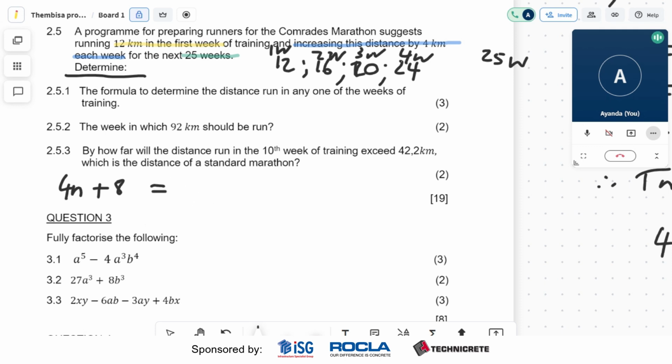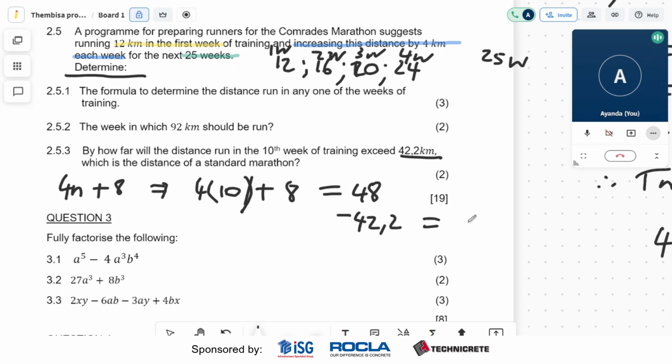So 4 times 10 gives us 40, plus 8 gives us 48. Now it's just a matter of subtracting 42.2, which leaves us with 5.8 kilometers. So the distance run in the 10th week will exceed 42.2 kilometers by 5.8 kilometers.